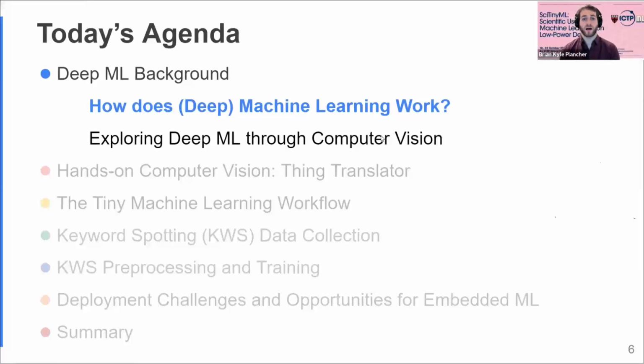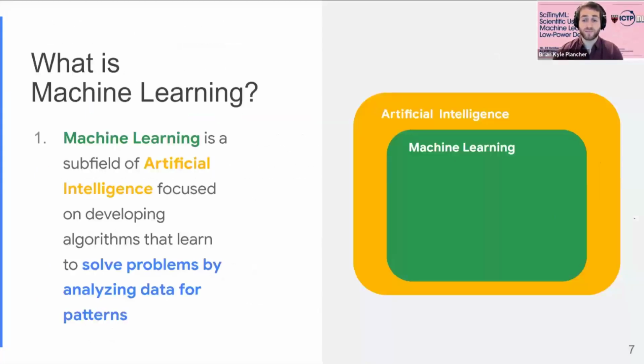Okay, great. So how does deep machine learning work? As Vijay and Lawrence talked about yesterday, machine learning is a subfield of artificial intelligence focused on developing algorithms that learn to solve problems by analyzing data for patterns. This is where Vijay keeps bringing up the importance of data, because machine learning is no good without good data.